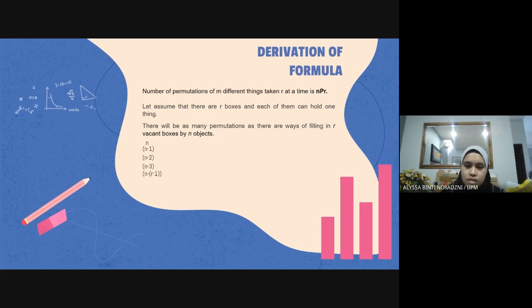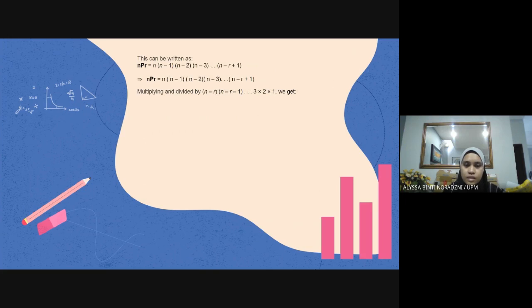The fourth box is n minus 3, and the r-th box can be filled in n minus r plus 1 ways. Therefore, the number of ways of filling r boxes in succession is n times n minus 1 times n minus 2 times n minus 3 down to n minus r plus 1.